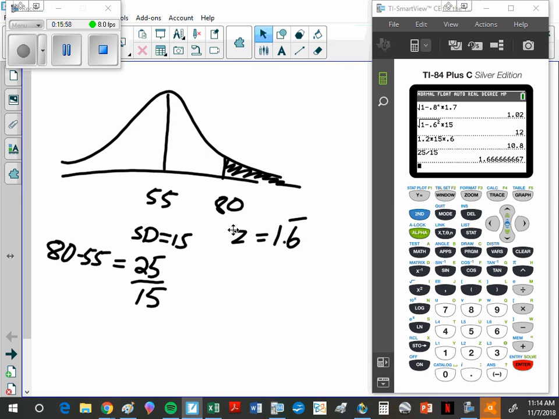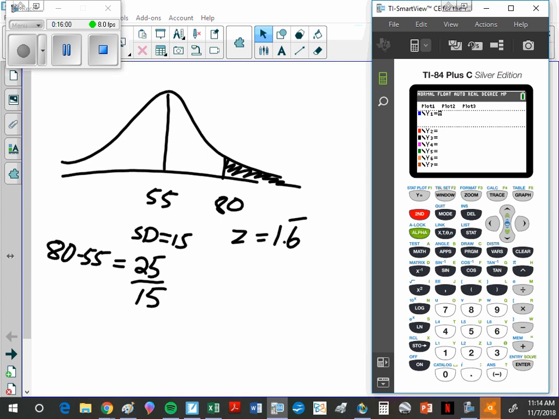Shade norm. So we shade norm from 1.6 to 5.